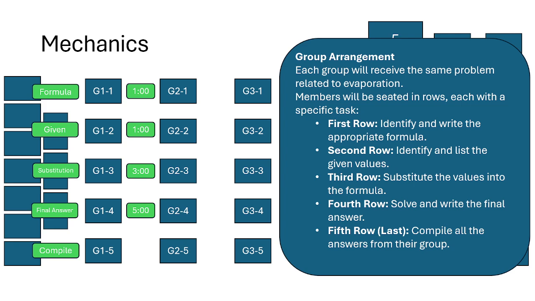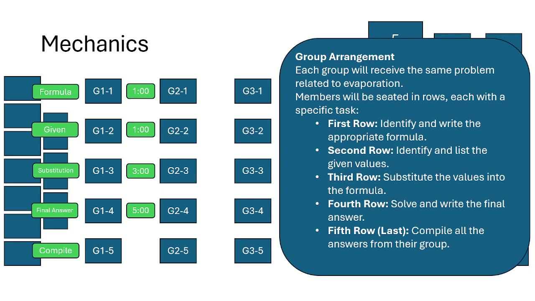For the third row, they will just substitute the values. Do not enter the final answer for the third row. The final answer will be written by the fourth row, and the solution should not be included because the solution is in the third row.